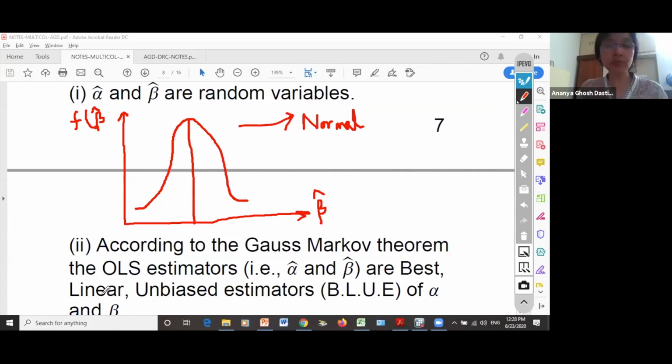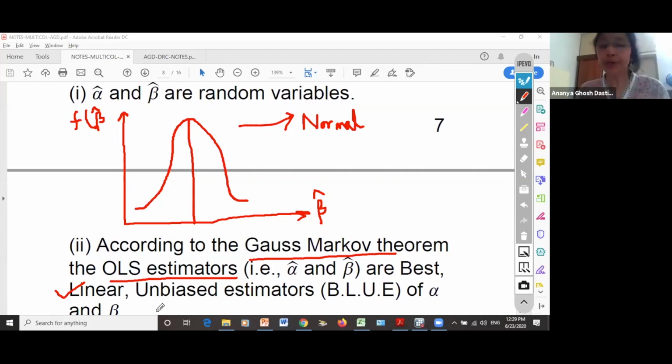Remember I said that according to our Gauss-Markov theorem, the OLS estimators are BLUE. Now we have already seen that the OLS estimators are linear combinations of the x's and y's, a linear function of the y's. That's the linear bit.